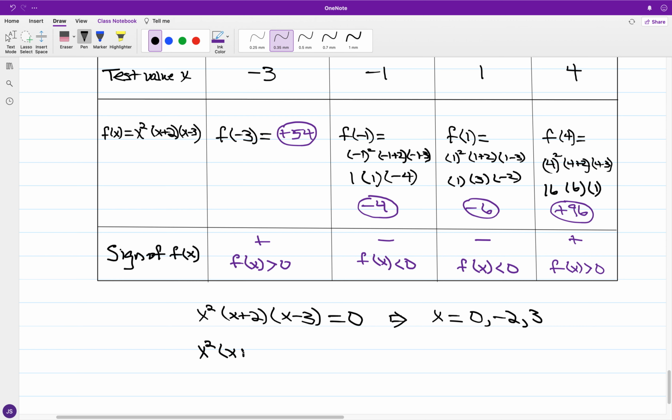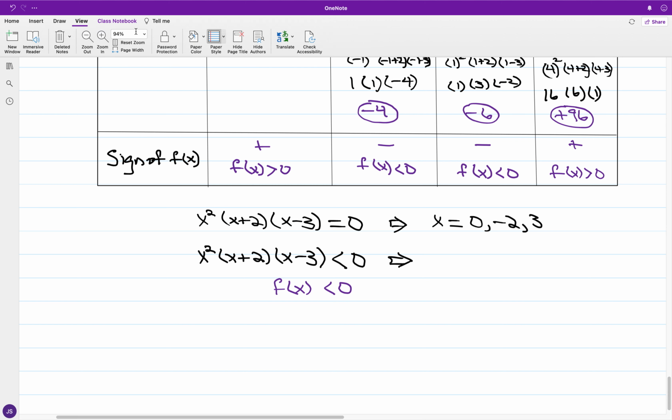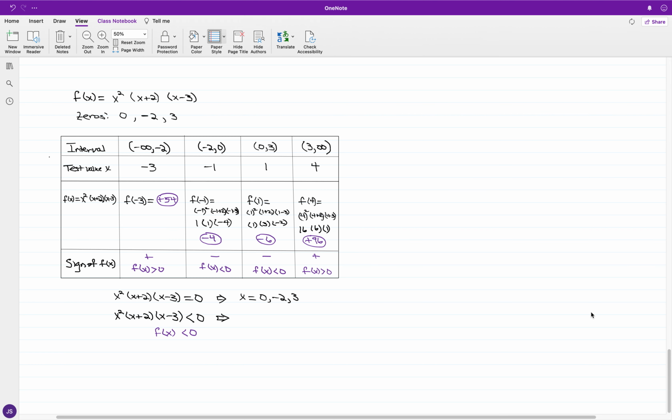And if I have x squared times the quantity of x plus 2 times that of x minus 3 to be less than 0, this will be the situation whereupon f of x is less than 0. So where f of x is less than 0, you have these interval sections.